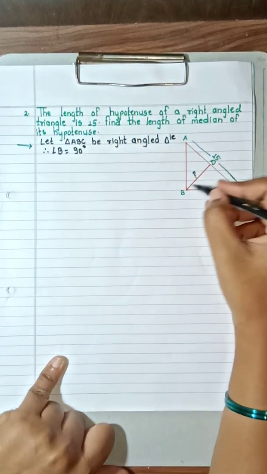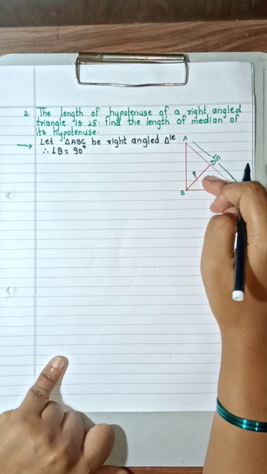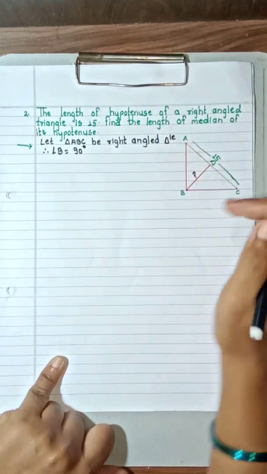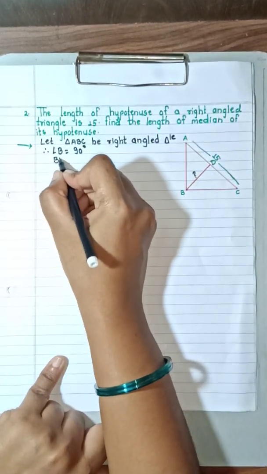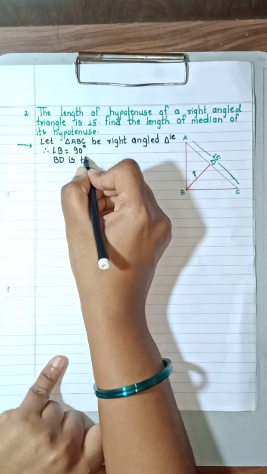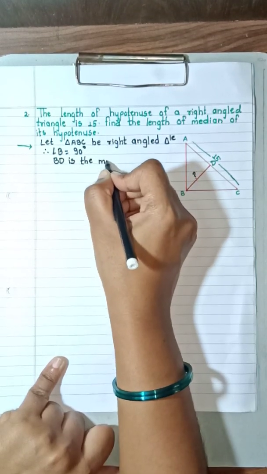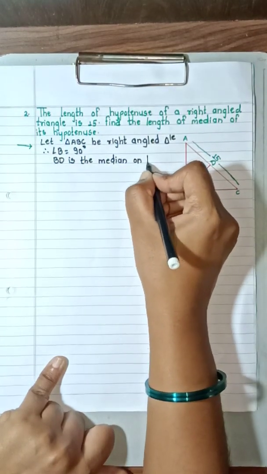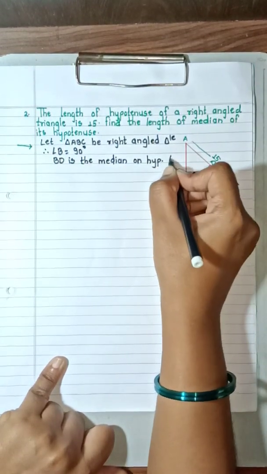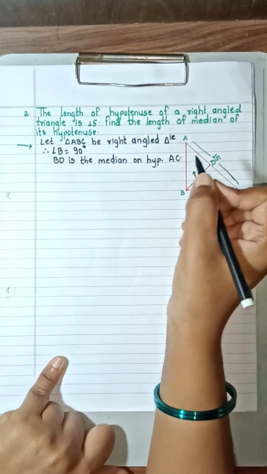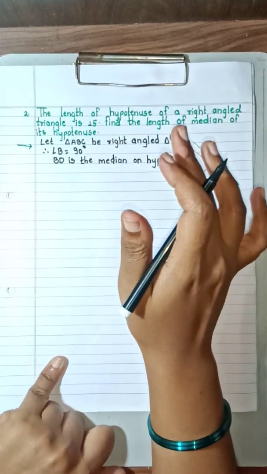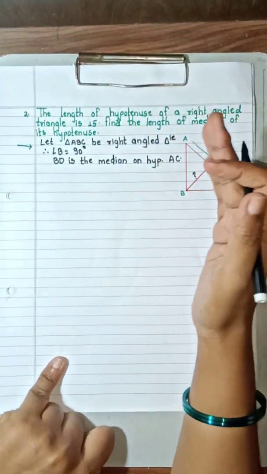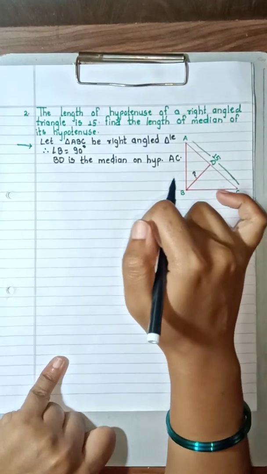And as you can see in the figure, BD is the median on the hypotenuse AC.